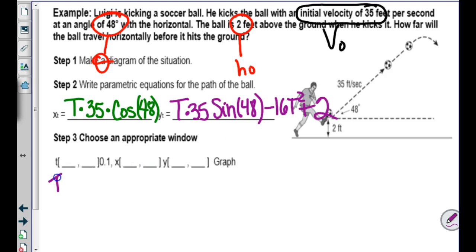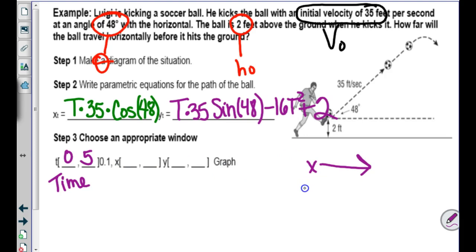T stands for time. Don't be typing yet. What kind of time does it take for a soccer ball to come down out of the air? Not very long, a couple seconds. 0 to 5 would be plenty, most all the time. This one's less than 2, I think. But x is, guys, how far the ball goes horizontally.